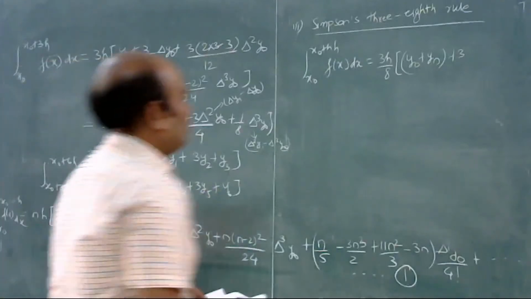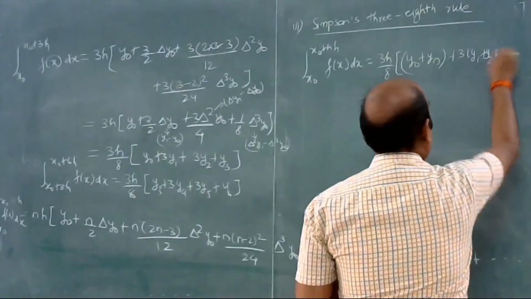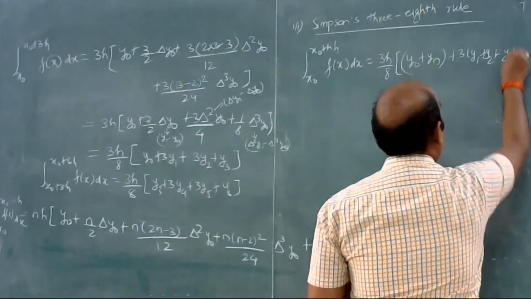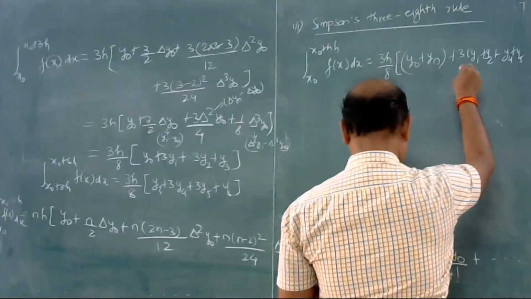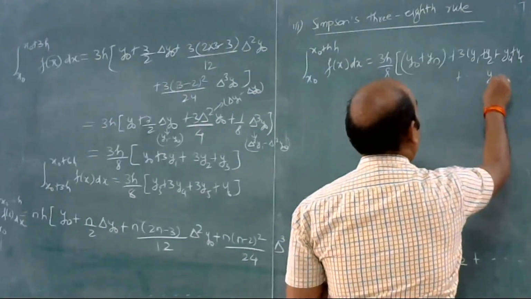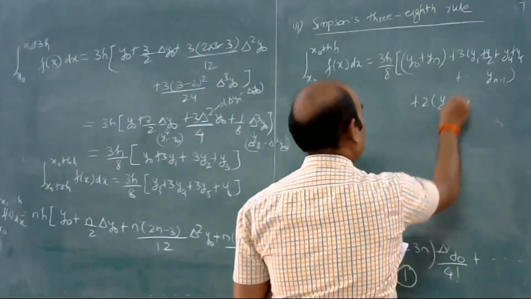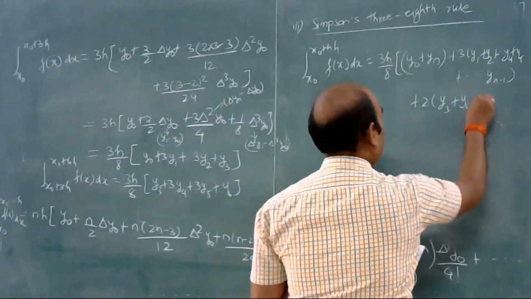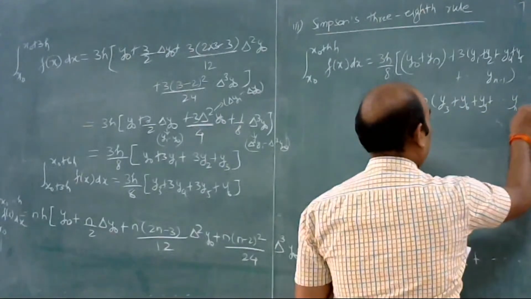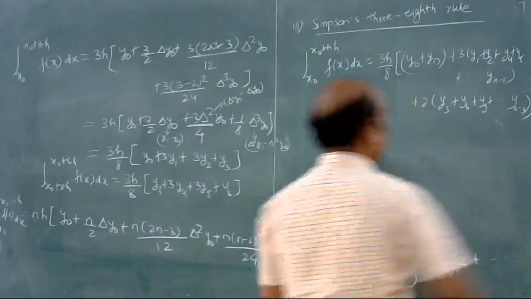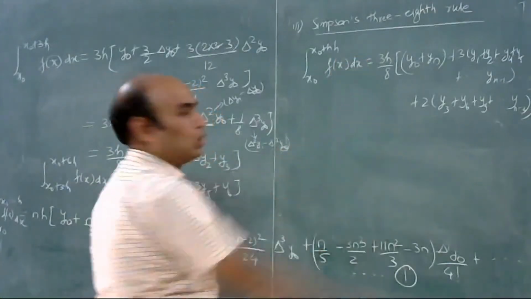So this is 3 times y1 plus y2, there will be no y3, y4 plus y5, there will be no y6, and so on up to yn minus 1, plus 2 times y3 plus y6 plus y9 and so on up to n minus 3. So this is Simpson's 3/8 rule.